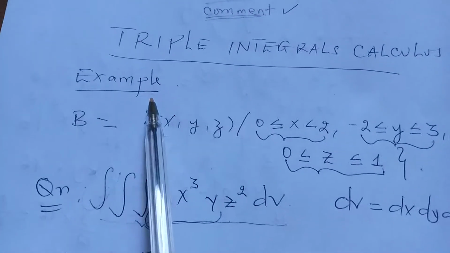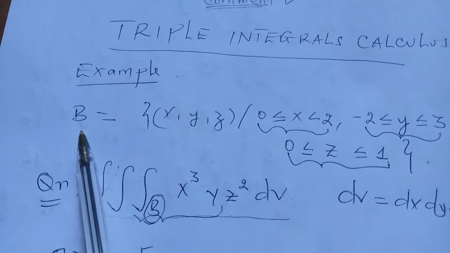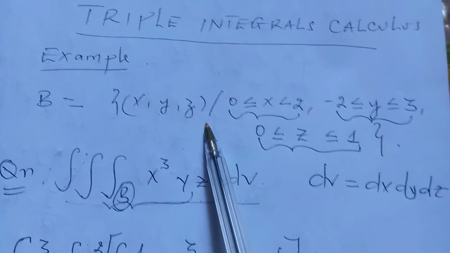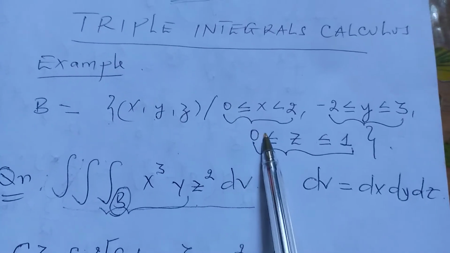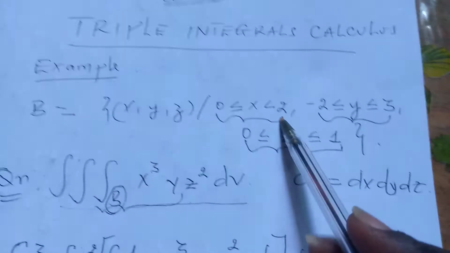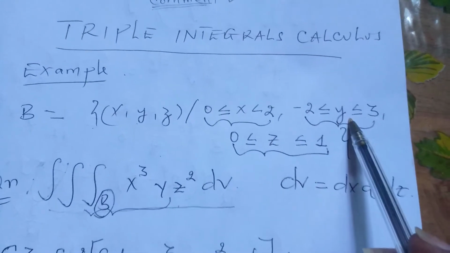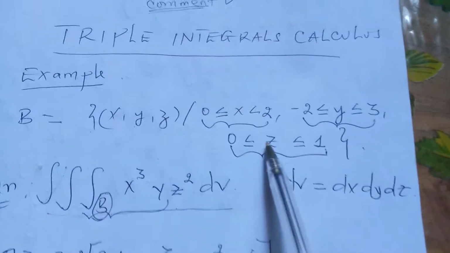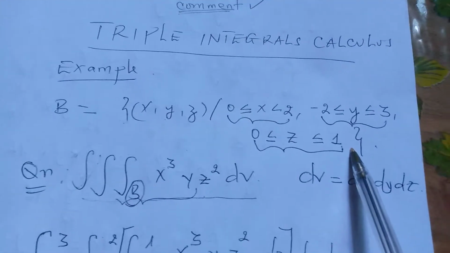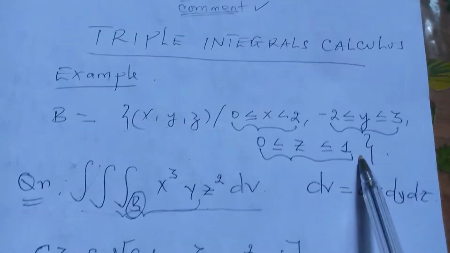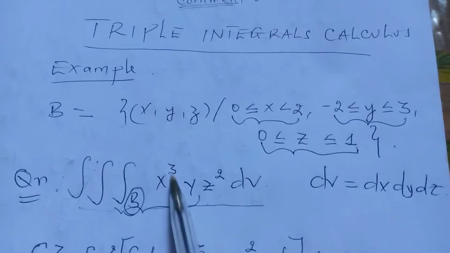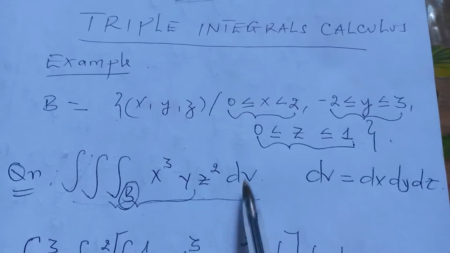Here we have B, which comprises the set of (x, y, z) where 0 ≤ x ≤ 2, -2 ≤ y ≤ 3, and 0 ≤ z ≤ 1, and we are asked to evaluate the integral over B of x^3 y z^2 dV.